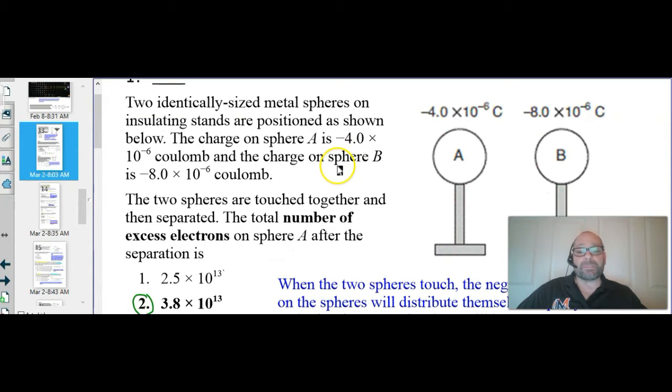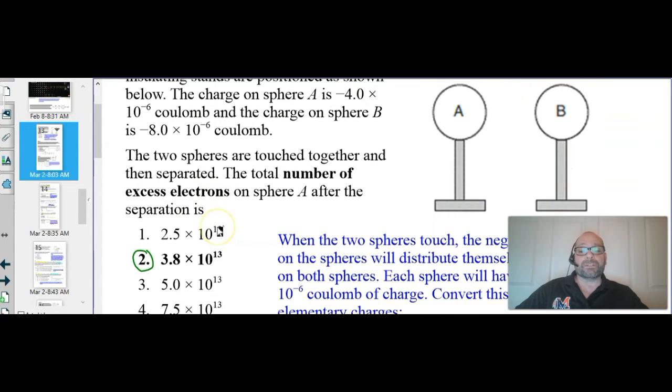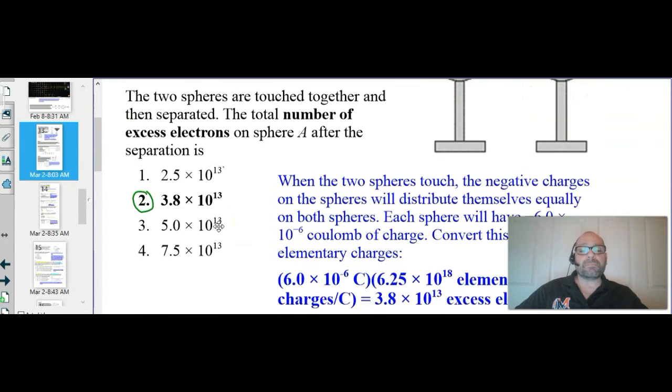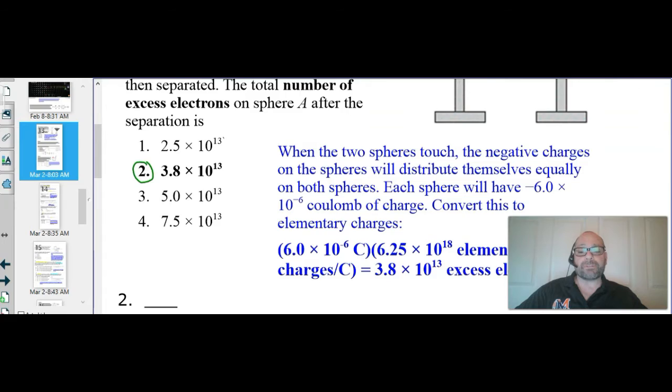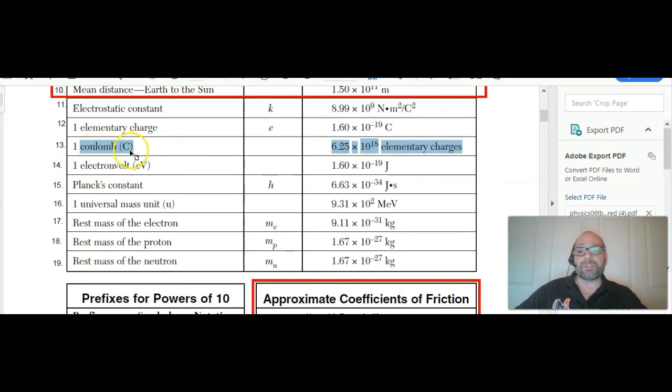They want to know what happens when you touch the spheres together and then bring them apart, and they want to know the total number of excess electrons on each sphere. So the idea is that you have to go to the reference table and you have to know how to convert the number of coulombs into the number of elementary charges.